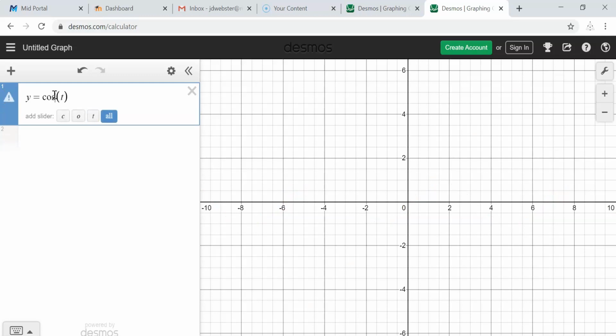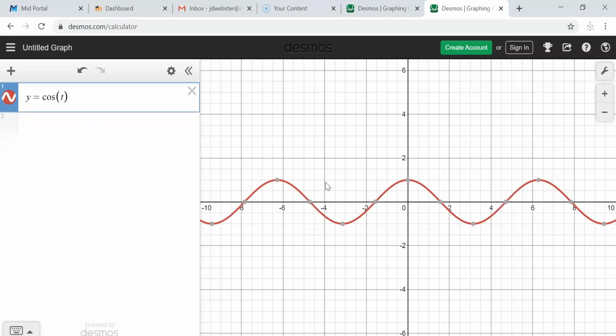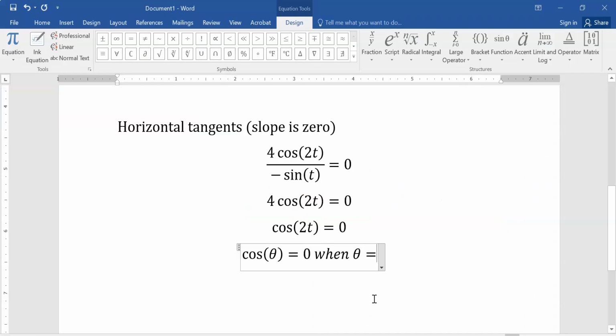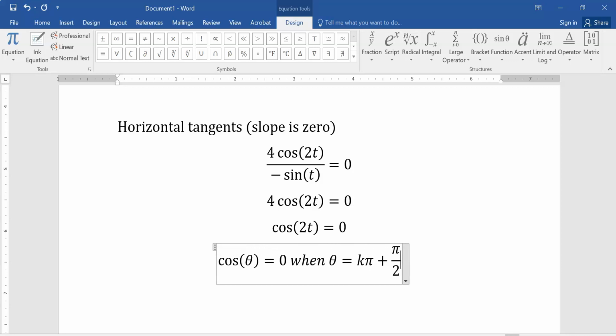Cosine just shifts over. And so we get here at pi over 2, 3 pi over 2, 5 pi over 2, negative pi over 2. So basically it shifts it over by pi over 2. So if you think about this, when the angle is k pi plus pi over 2. So basically we just have to shift all of the things over by pi over 2.